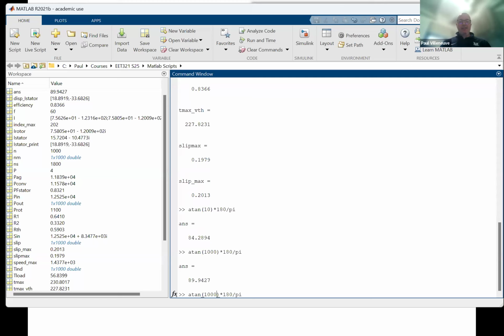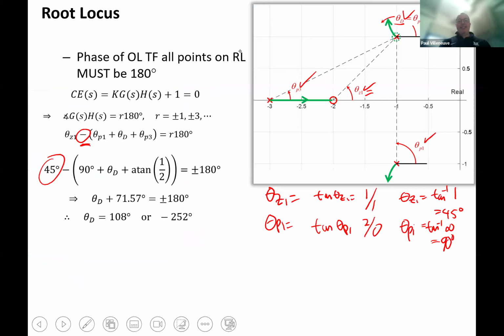Now 1,000,000: 89.999999, but it's not 90, right? You get 90 degrees, yeah. Were you not taught how to get 90 degrees? But that's a question, seriously. In your pre-calc or 122 class, did they not explain that the inverse tangent of infinity is 90 degrees?